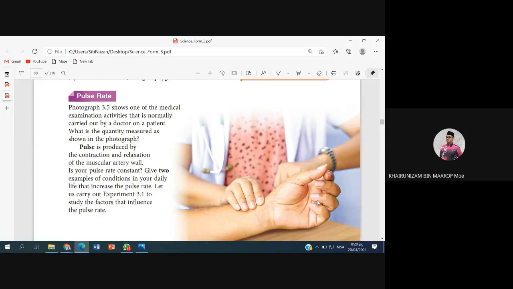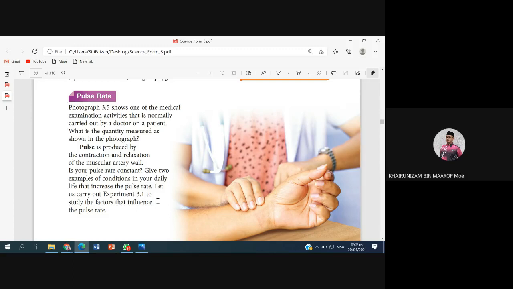Ini adalah yang biasa dilakukan oleh doktor untuk check pulse rate. Pulse is produced by the contraction and relaxation of the muscular artery wall.